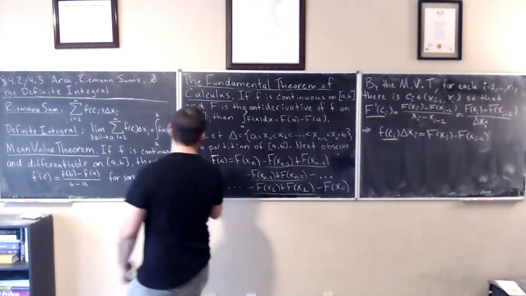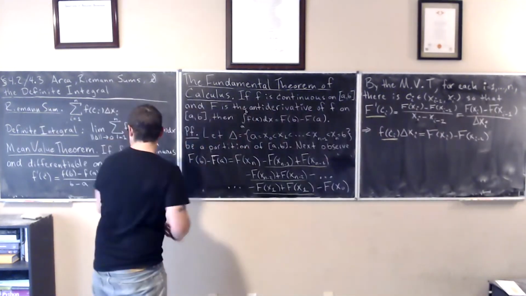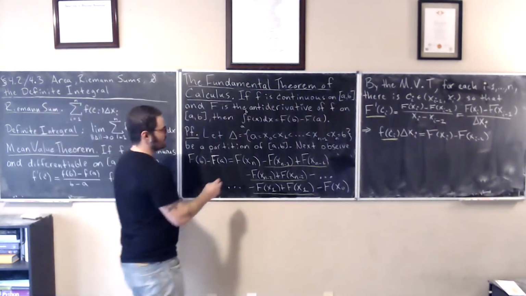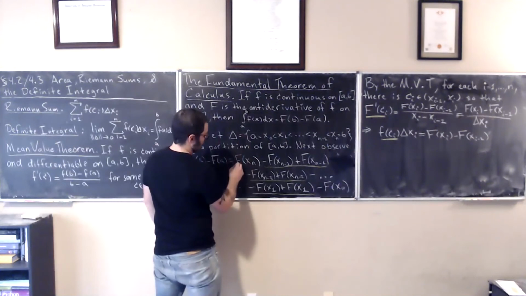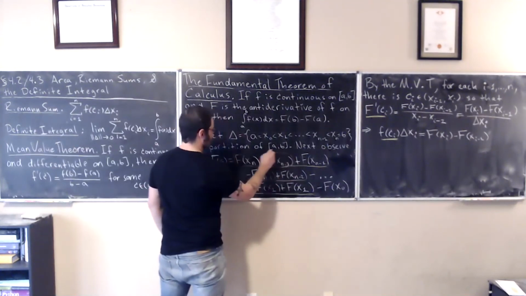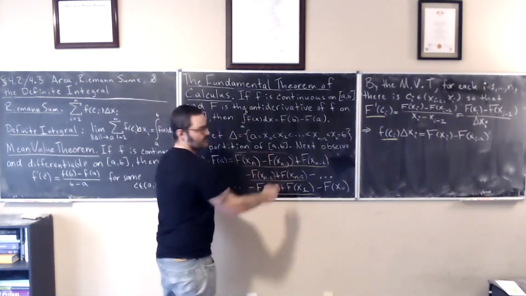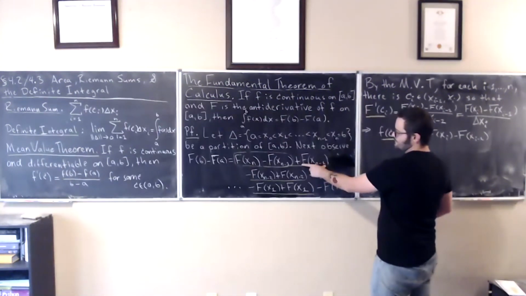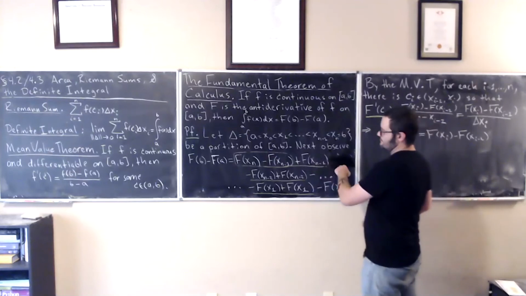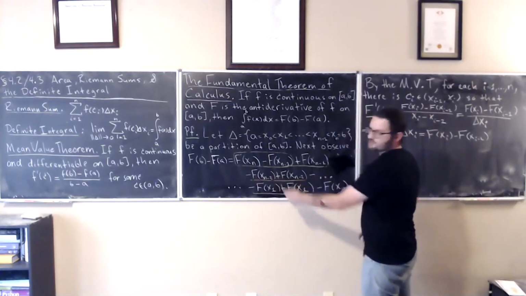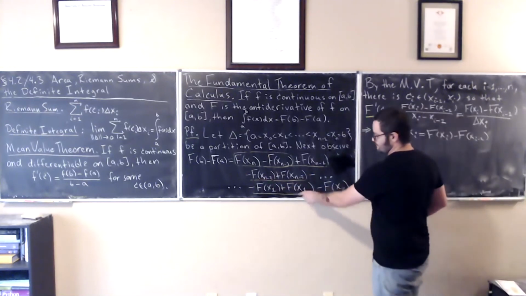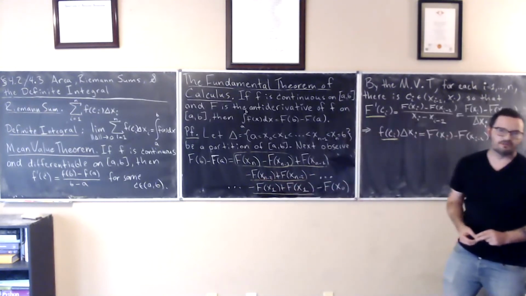So now looking back here, maybe I'll use like green. Look at this. F of xn minus F of xn minus 1. And then the next term would be F of xn minus 1 minus F of xn minus 2, right? All the way down to F of x1 minus F of x0, right?